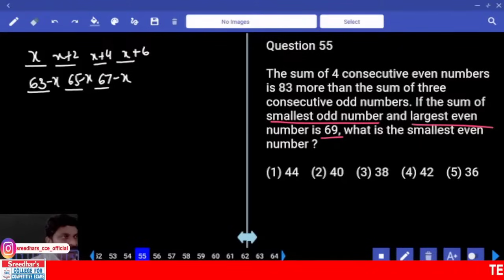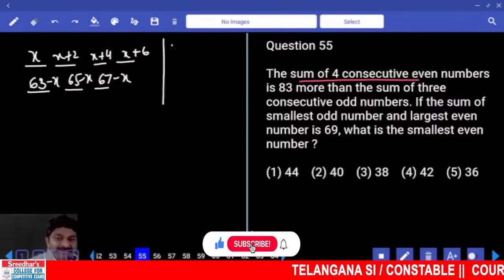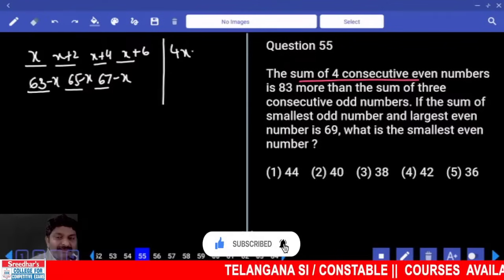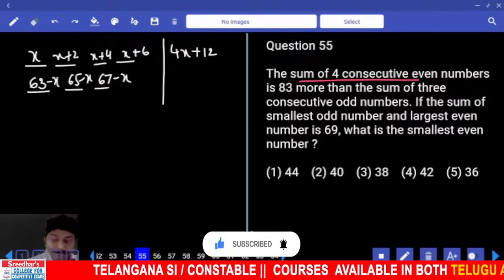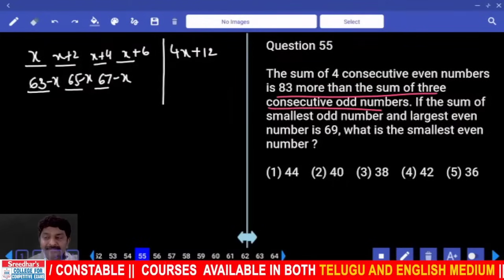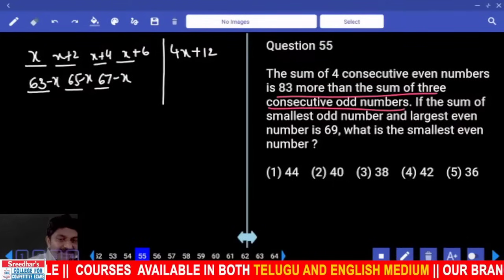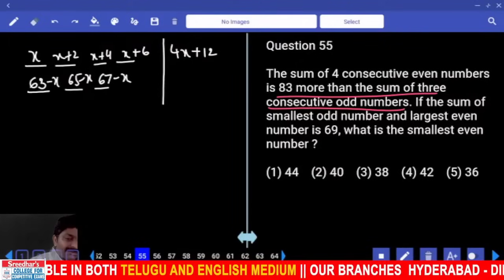Along with that, there is one more condition, that says the sum of 4 consecutive even numbers is equal to 4x plus 12. That is 83 more than the sum of 3 consecutive odd numbers. Sum of 3 consecutive odd numbers: minus x, minus x, minus x we have.